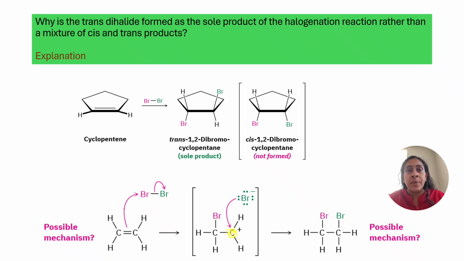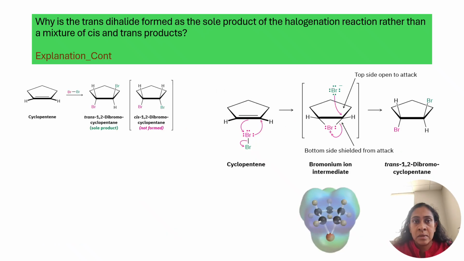Therefore, a simple open carbocation mechanism is inconsistent with the stereochemical result. This observation is our clue that halogenation proceeds through a different type of intermediate, one that blocks one face of the molecule. The correct intermediate is a three-membered bromonium ion.